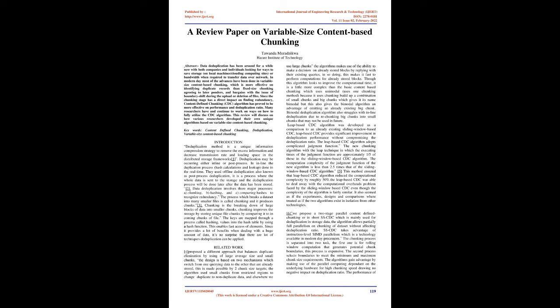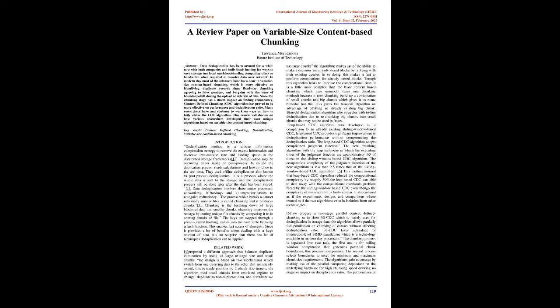This is made possible by two chunk size targets. The algorithm uses small chunks in restricted regions to change duplicate to non-duplicate data, and elsewhere uses large chunks. The algorithm makes use of the ability to make a decision on already stored blocks by replying to existing queries. In so doing, this makes it fast to perform computations for already stored blocks.